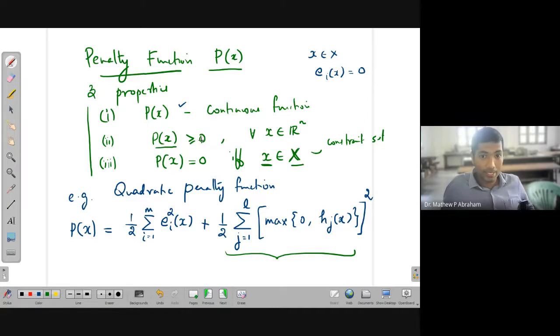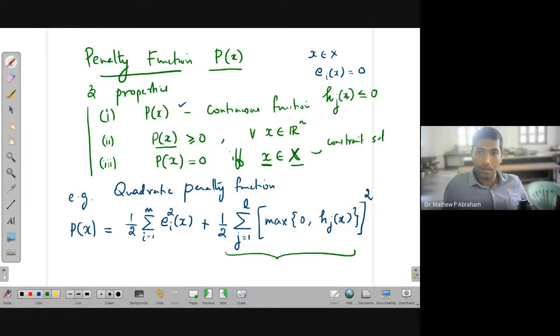It will always be greater than or equal to 0 because of the square term. And this is something you need to understand: why is the second term equal to 0 if the inequality constraint is satisfied? The inequality constraint says that h_j of x needs to be less than or equal to 0.